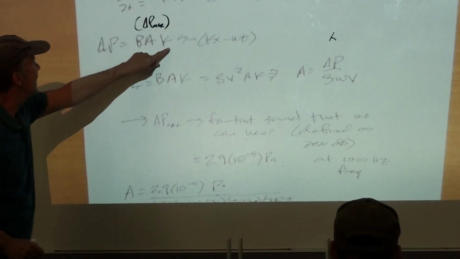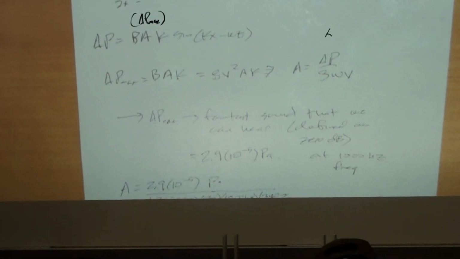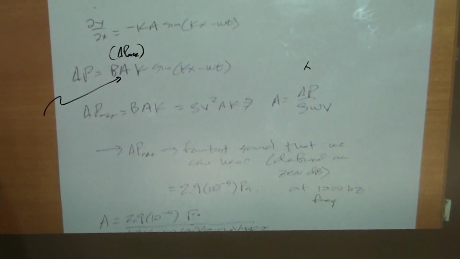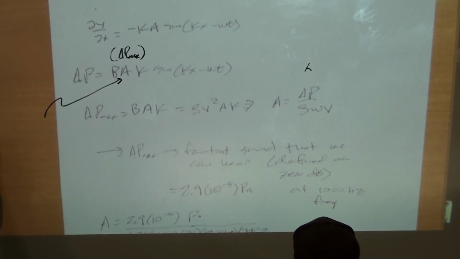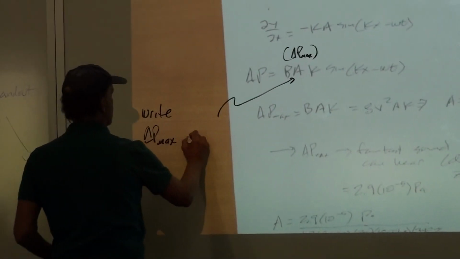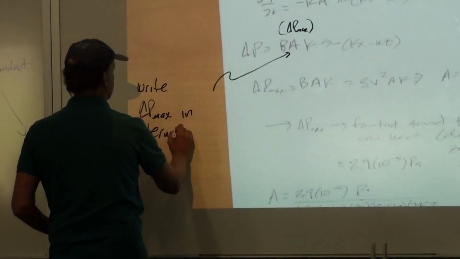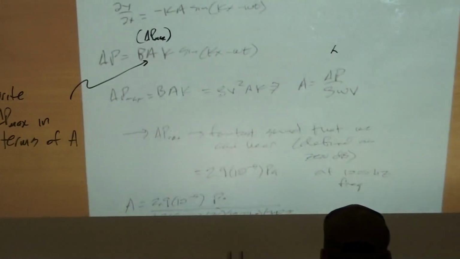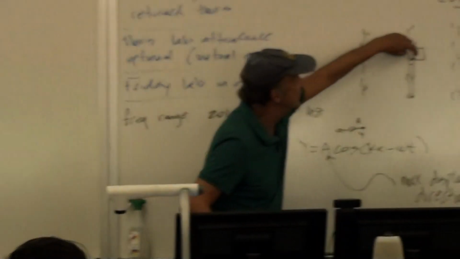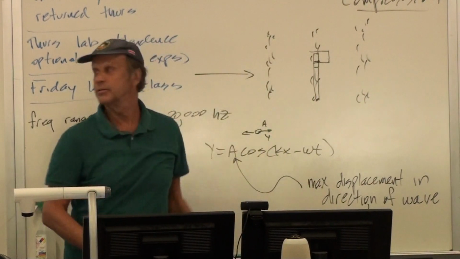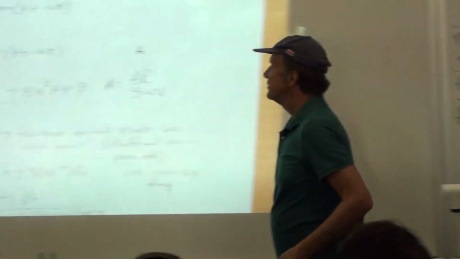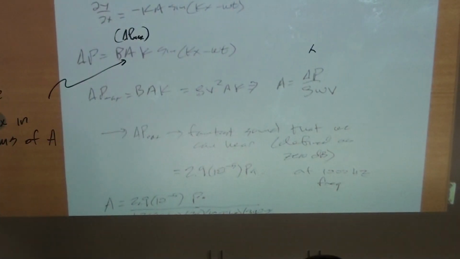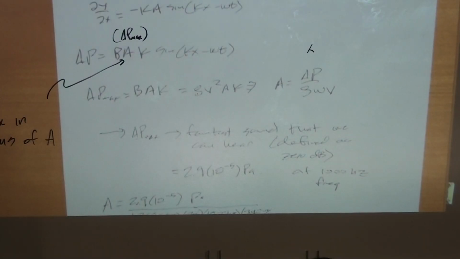And here we see that there's an actual functional expression for delta P max in terms of the maximum amplitude, where A is the maximum distance from equilibrium that the particle moves as it vibrates back and forth with simple harmonic motion. So we can combine that together. That gives us delta P max is equal to BAK.